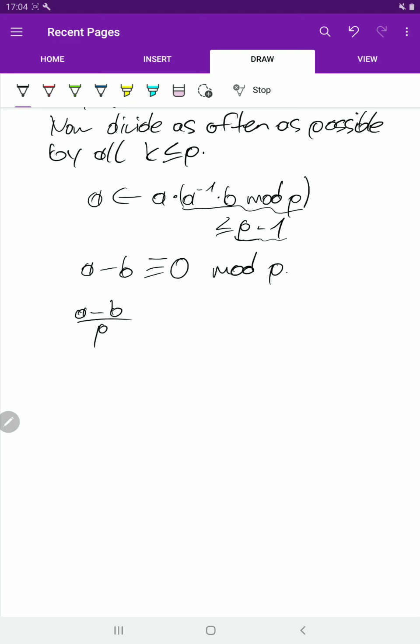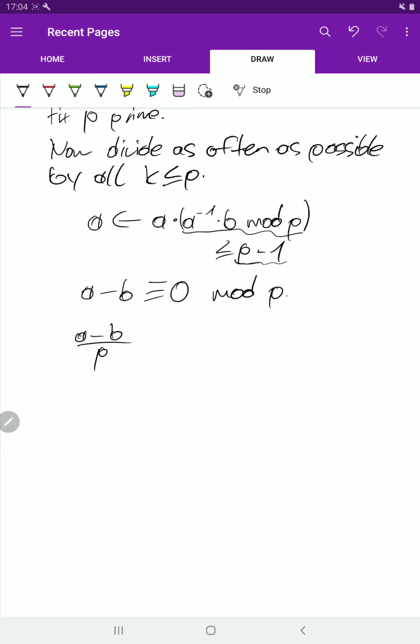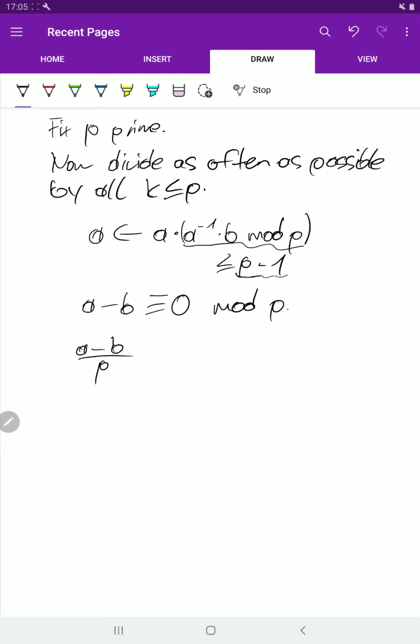Probably we can also divide it by some higher powers of p, or also by some other values k which are less than p. And so actually, if we modify this algorithm, it not just leaves the greatest common divisor unchanged, but it's also quite clear that the algorithm terminates. So the numbers get smaller, because otherwise we would have a problem.